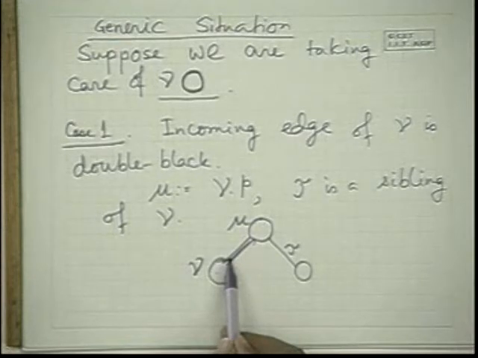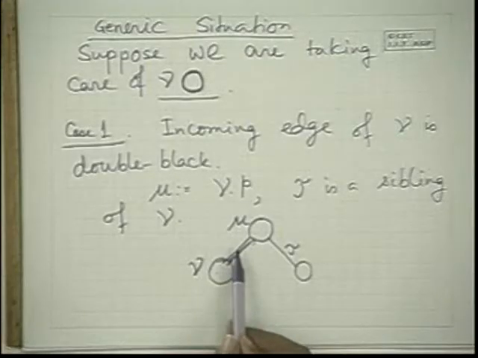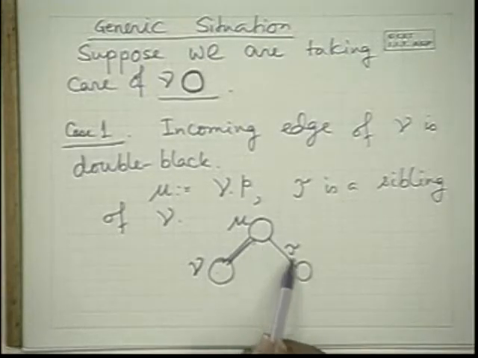Remember, I did not manipulate or disturb the black height of any node. To keep the black height the same as the original tree, I made some black edge double black. So what does it mean? From this one to any leaf, it must be at least 2 black heights. But if that were true, then this cannot be a leaf.